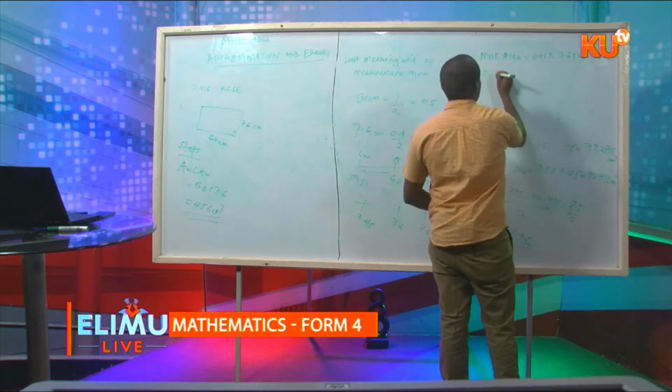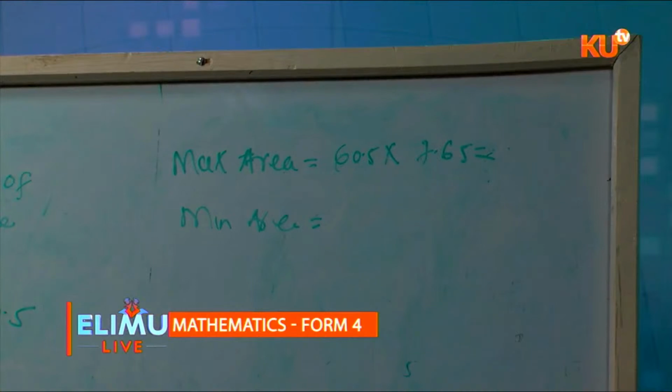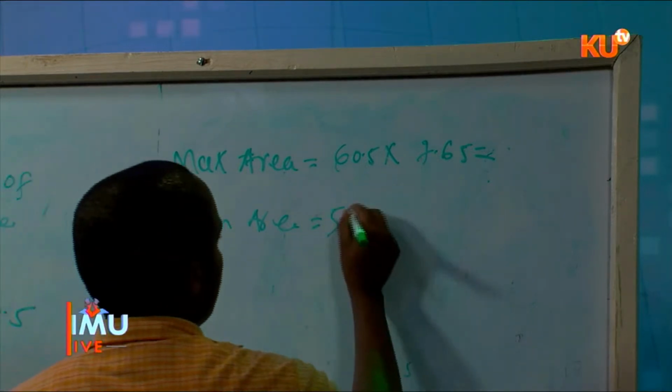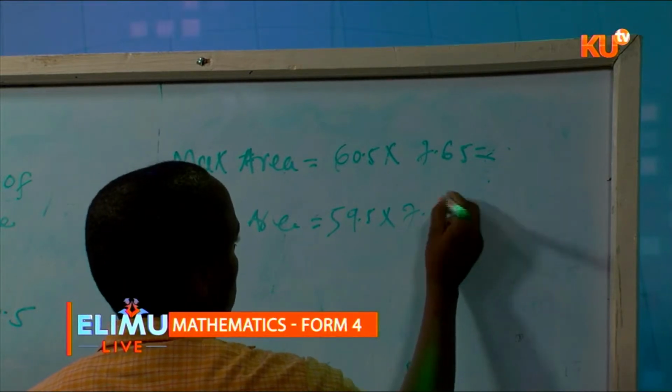The minimum area will be the lower limits of those measurements, which are 59.5 multiplied by 7.55.